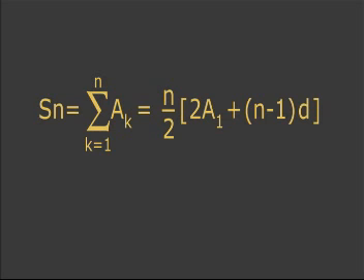This equals n over 2 times the quantity 2a1 plus the difference of n minus 1 times d.